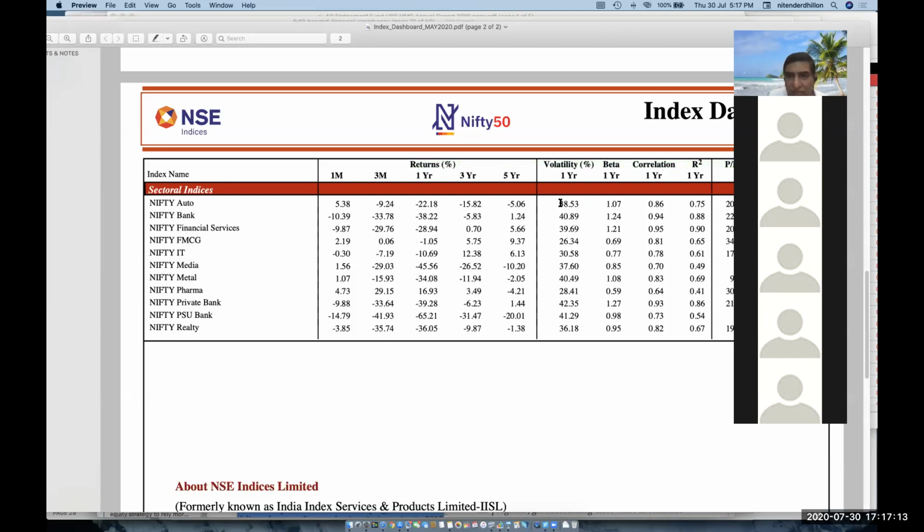So now we've got this volatility for 1 year. What does this mean? What does 38% mean? 40%, 42%, what does that mean for volatility? It is the standard deviation of the returns.